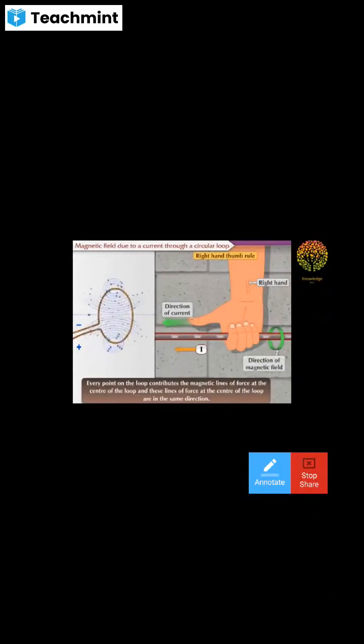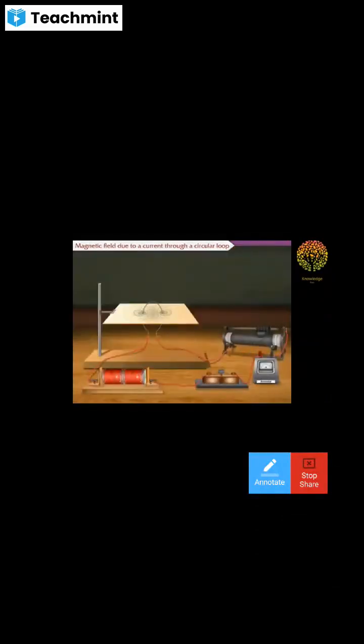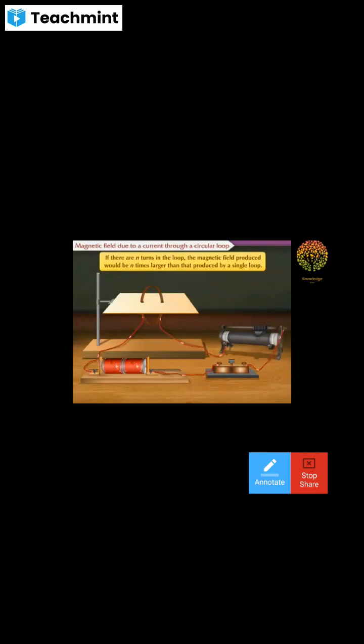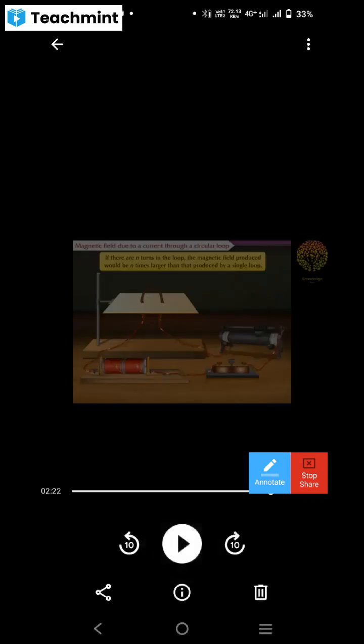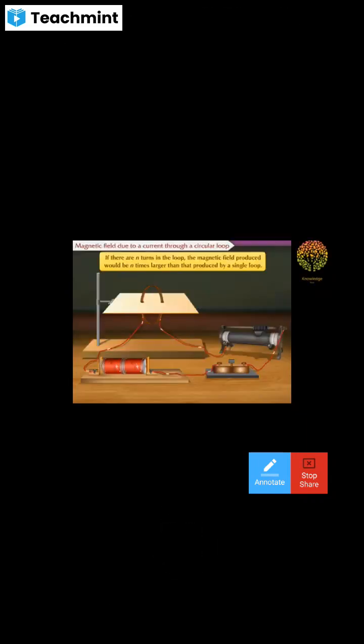So this is the right hand thumb rule. If resistance is reduced, the field increases and the circles increase when the current is more. So one circular coil produces one field.